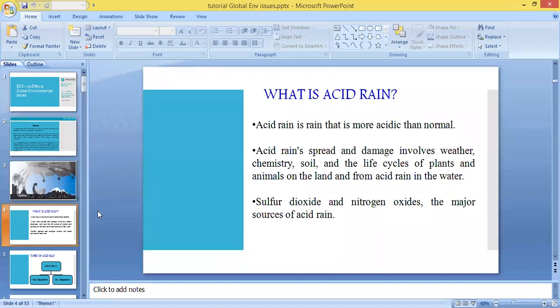Sulfur dioxide and nitrogen oxides are the major sources of acid rain. So let us go back to the first module that we discussed. It was air pollution. We saw over there the primary and the secondary air pollutants. At that time we saw the effects of SOx and NOx. It is the same thing that is contributing to the major chunk of the acid rain.